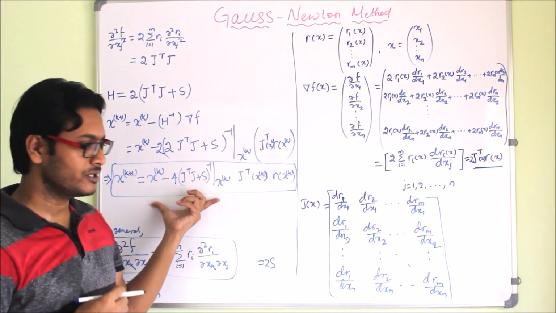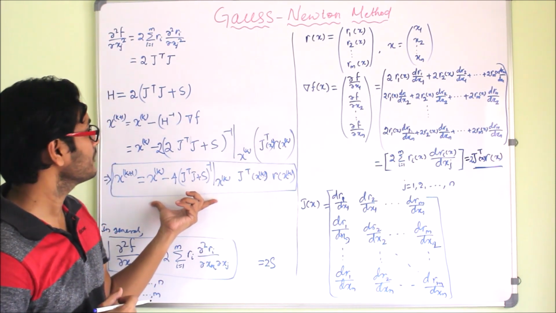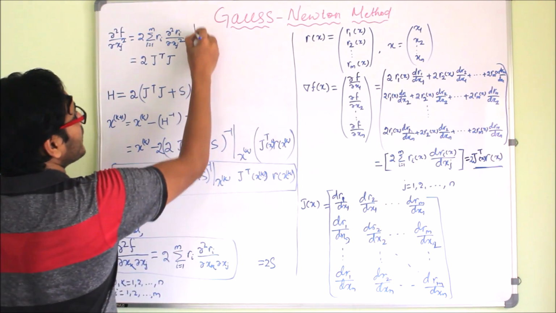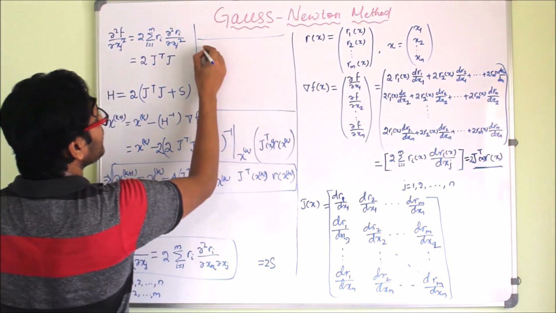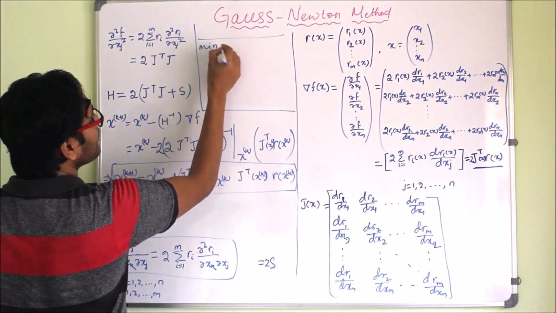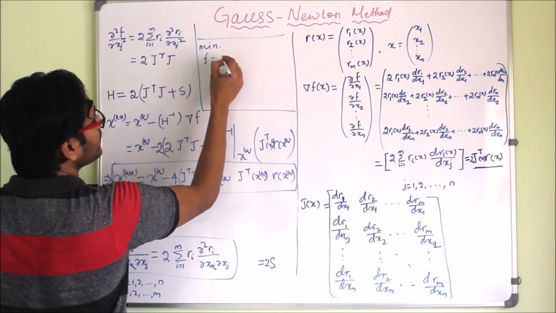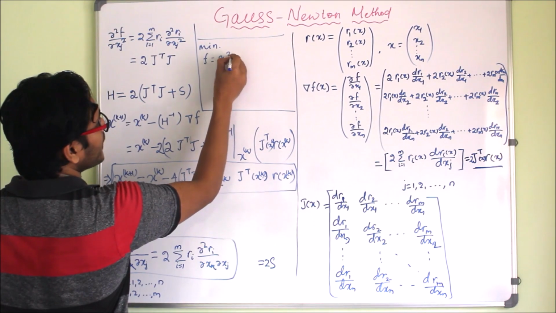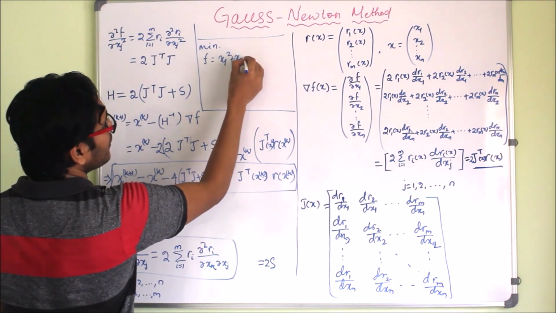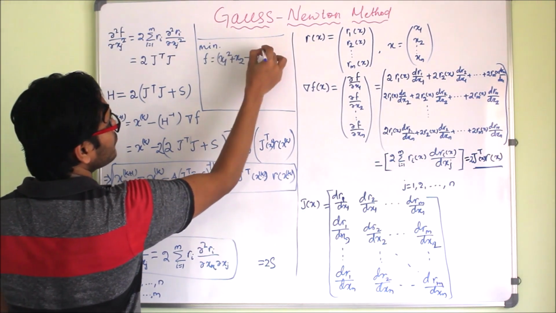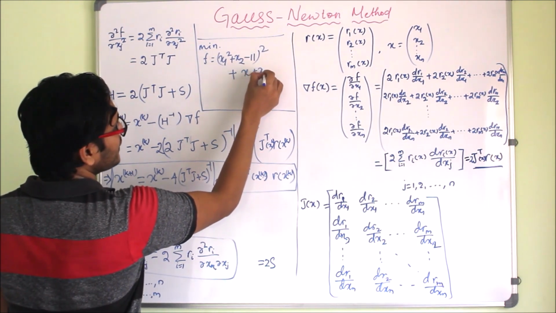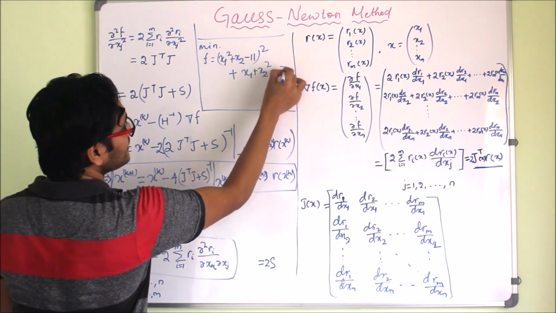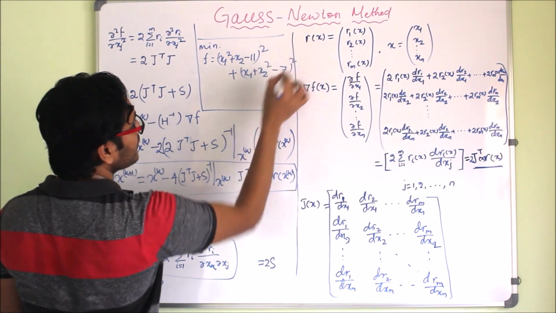Now if we take one example problem, you can solve this: minimize f equal to (x1 squared plus x2 minus 11) whole squared plus (x1 plus x2 squared minus 7) whole squared.